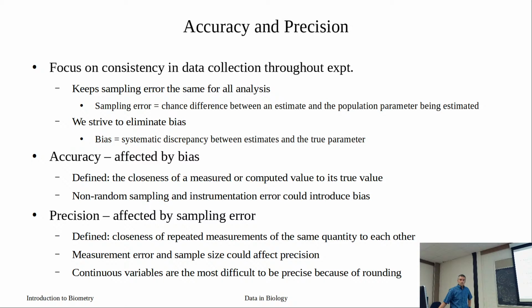Of all of the variables that we work with, continuous variables are going to be the most difficult to be precise, and the most difficult to increase precision, because of rounding. We can't work with 20 decimal points. We're going to round them and work with 1 or 2 or 3 decimal points. And that reduces our precision.